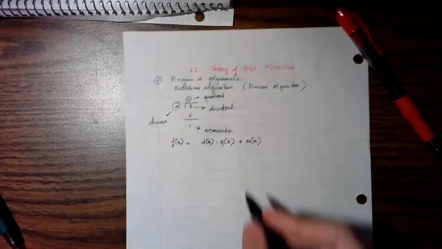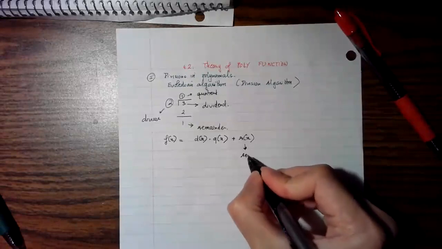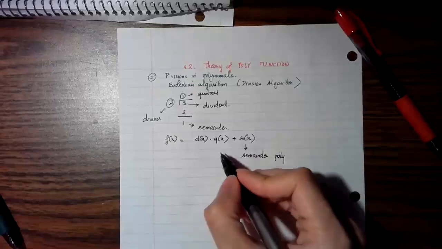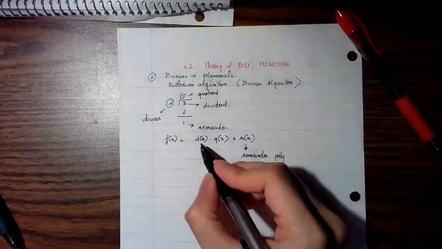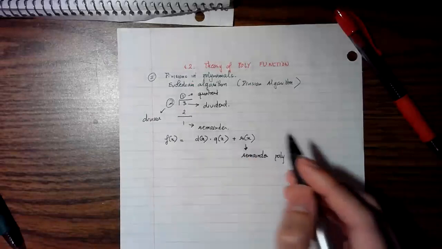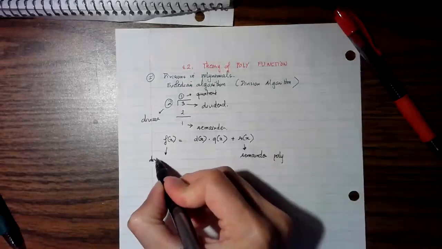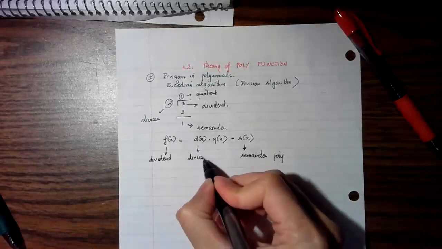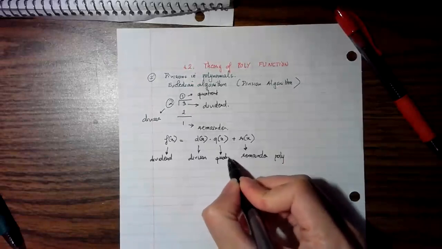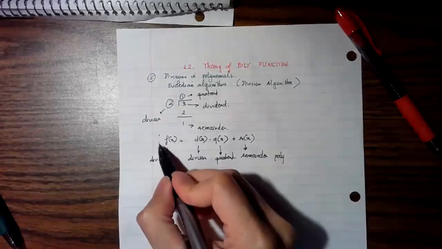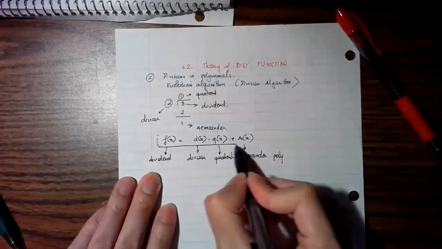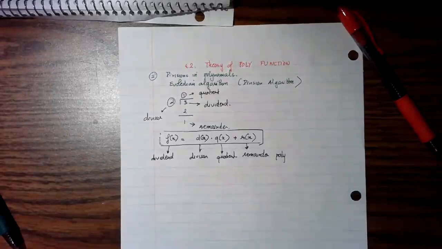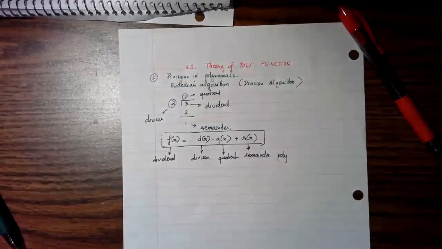So r of x over here is the remainder polynomial. Q of x is the quotient, d of x is the divisor, and f of x is the dividend. And what I have over here, I call the Euclidean algorithm, or sometimes we call division algorithm.